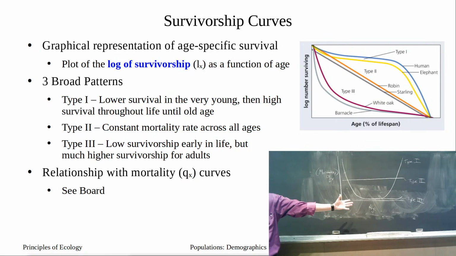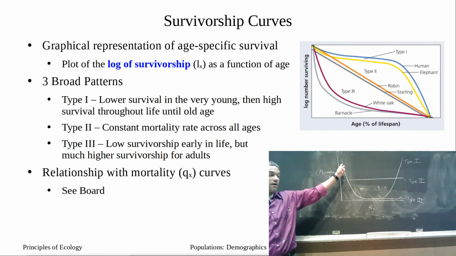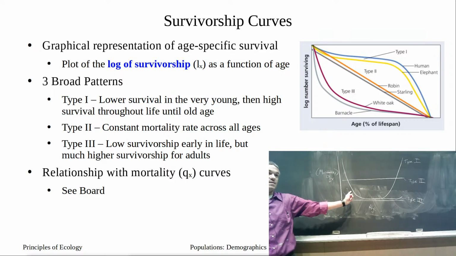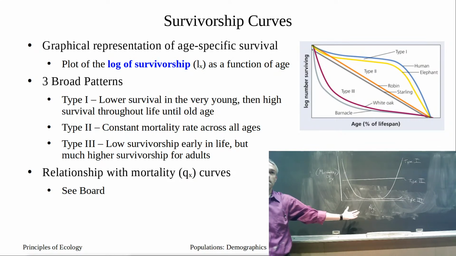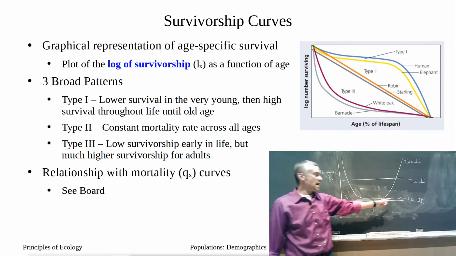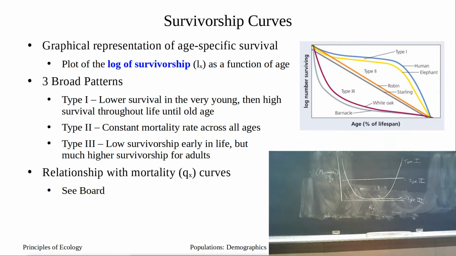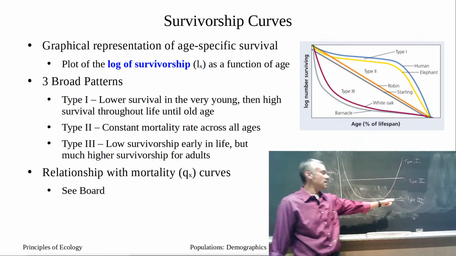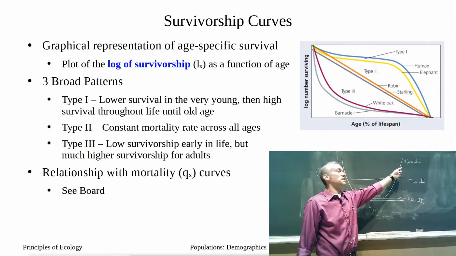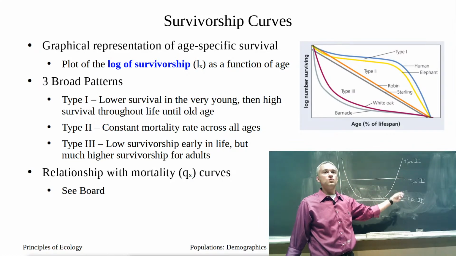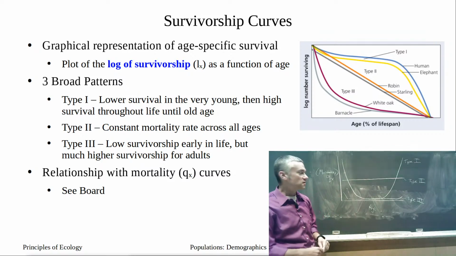Oftentimes, that's due to maturity. By the time they're growing, and then all of a sudden they become adults, at the adult stage their mortality rates are low. And then I do have a slight uptick because we do have lifespans for these individuals. As they approach their lifespan, that's going to go up. It doesn't go up as high because we've got fewer individuals.